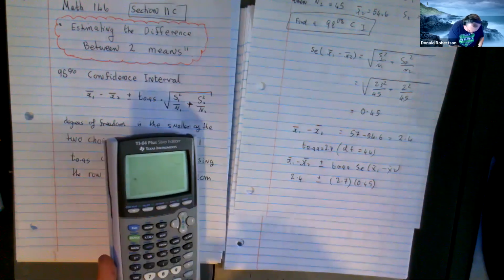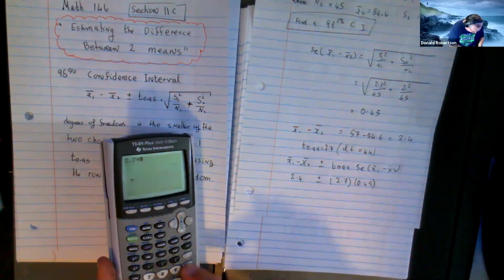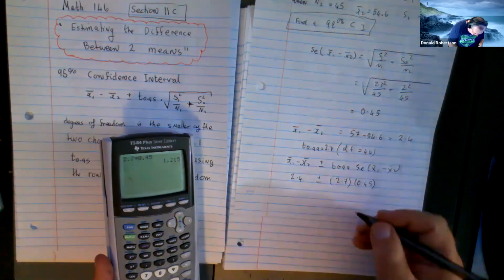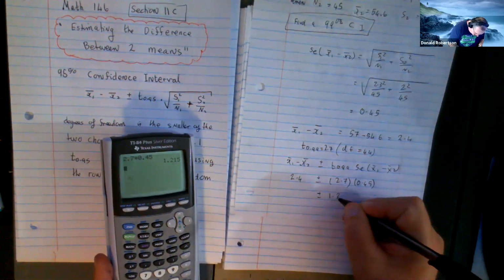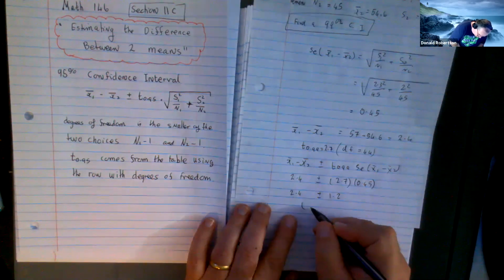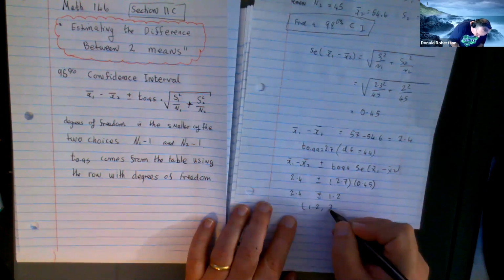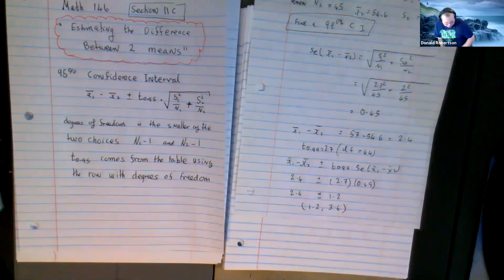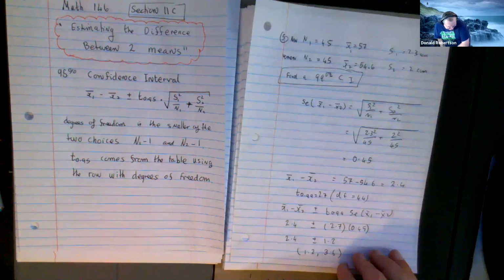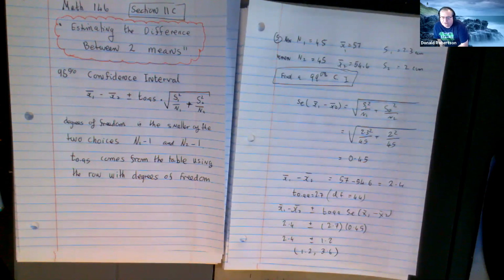Almost done. 2.7 times 0.45 is plus or minus 1.2. So the answer that we got was somewhere in the region of 1.2 to 3.6. So it's statistically significant that men's heads are on average larger than female heads. And it looks like the difference is somewhere between 1 and 3 centimeters circumference.